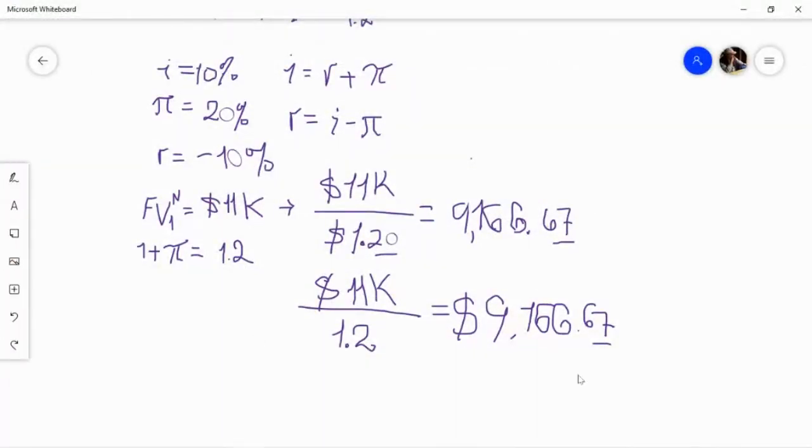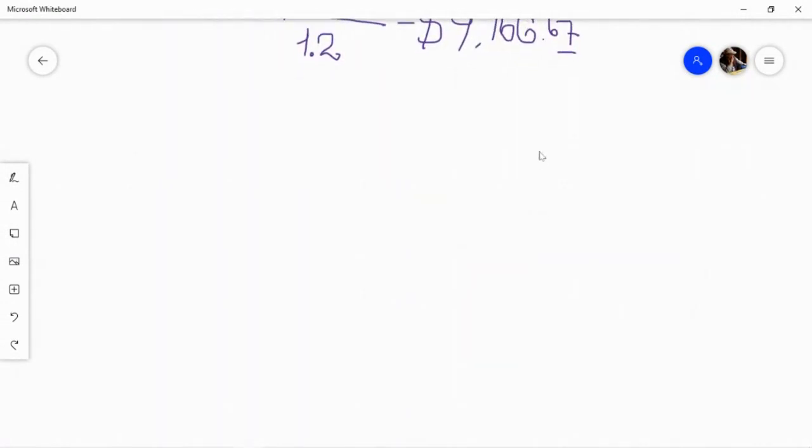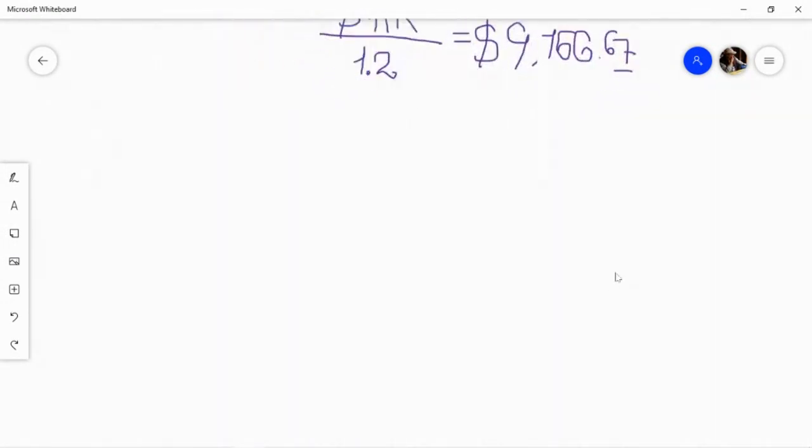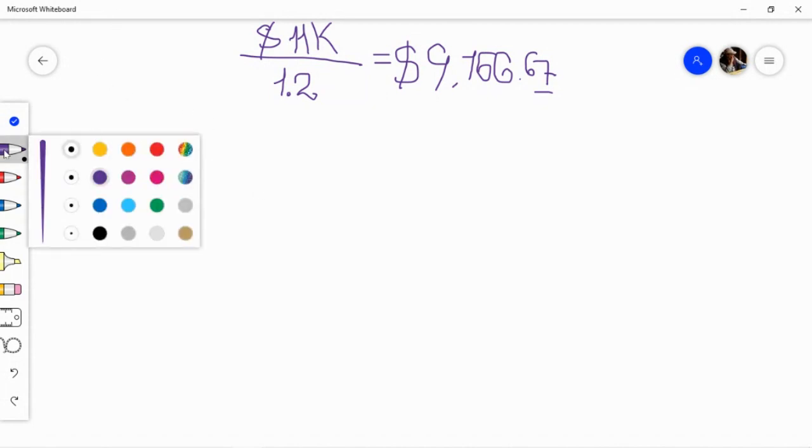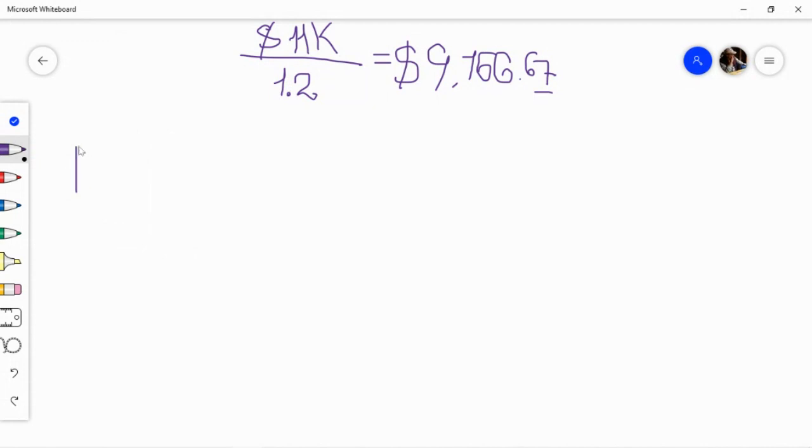So mathematically, we already understand what compounding is, but let me put it this way. We know compounding is basically future value at time n is principal times 1 plus r, the rate of return, raised to n.